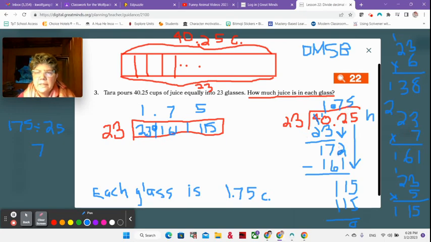But then when we brought down the 2, now that was going to be tenths. So our 161 was actually tenths. And our 5 that we brought down was hundredths. So our 115 is actually hundredths. So do you see that? That our 5 is hundredths, our 7 is tenths, and our 1 is ones. Yeah? I mean, it's kind of neat the way it works out.